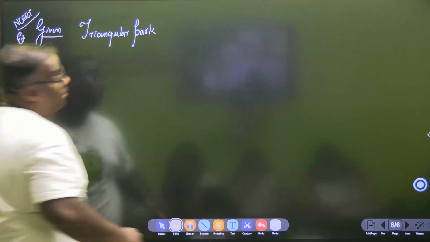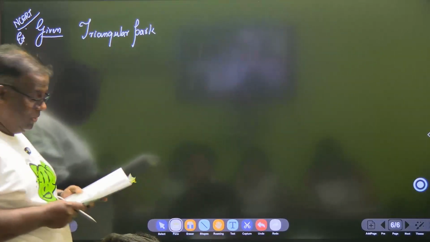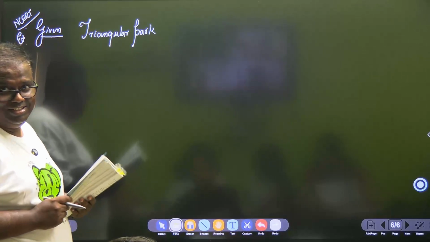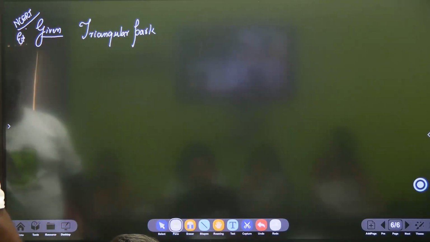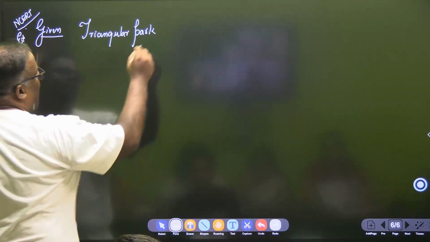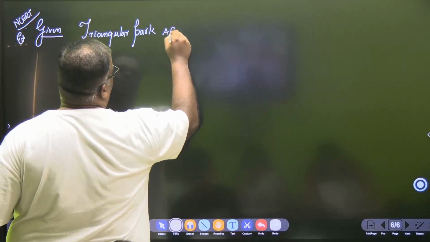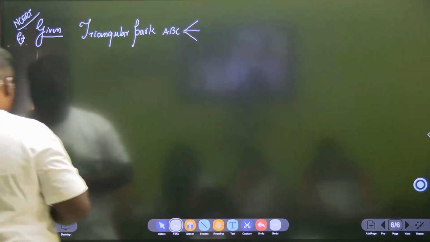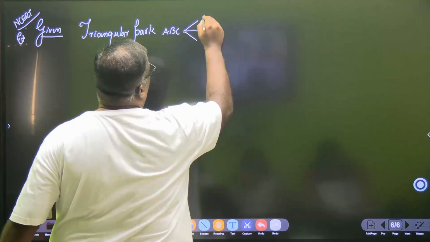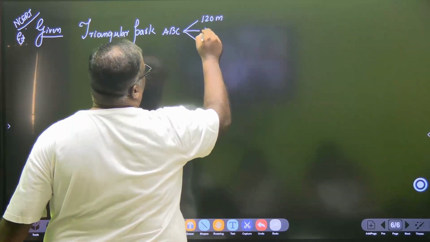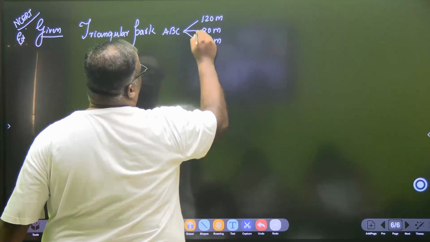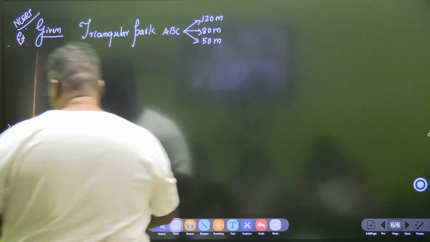The park is named as ABC, and the sides are 120 meter, 80 meter, 50 meter. Understood? So you can construct your triangle.